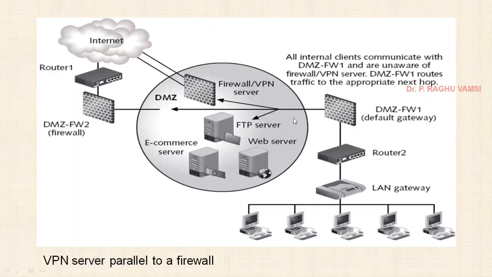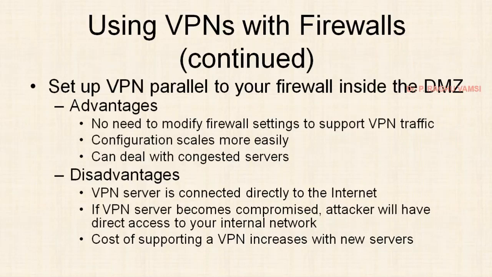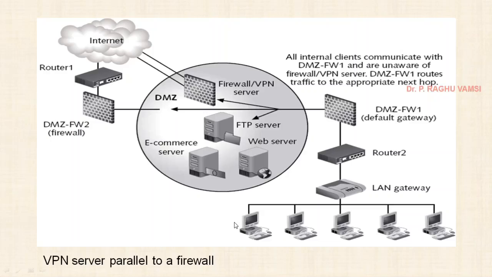Because this VPN server is the entry point, if it is compromised, as we have discussed, it is very easy for the attacker to gain direct access to the internal network, because the VPN itself performs the encapsulation of the original IP address. So whenever this is compromised, everyone will come to know the original IP packet and the IP header in that. So it is not a big task for the attacker to learn the internal information.